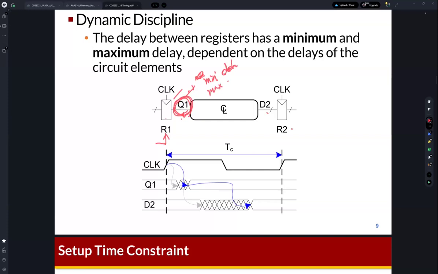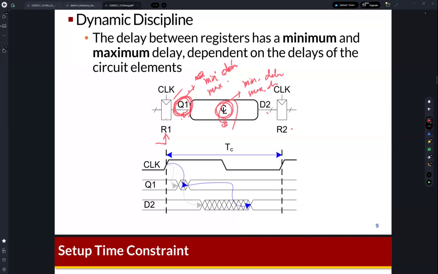We can also calculate the minimum delay and maximum delay of this combinational logic. As I mentioned, the combinational logic is located between two flip-flops.